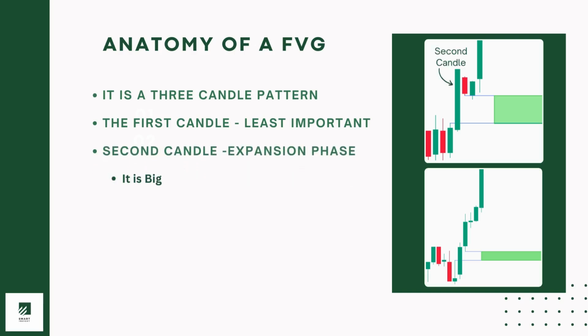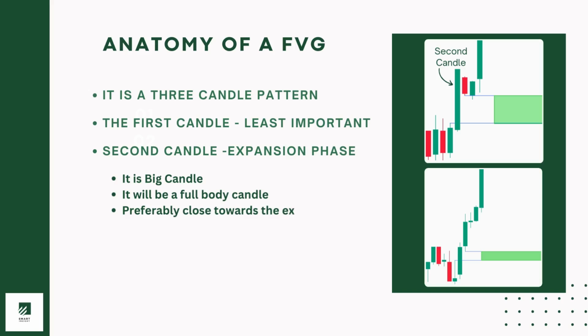The second candle is important. The second candle will always be an expansion phase. This will be a big candle, a full body candle, most preferably closing towards the extreme of that candle. The body of this candle, like we said, is going to be a full body candle, and is going to generate the actual fair value gap.